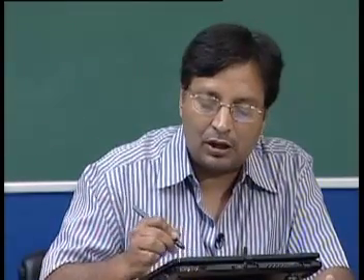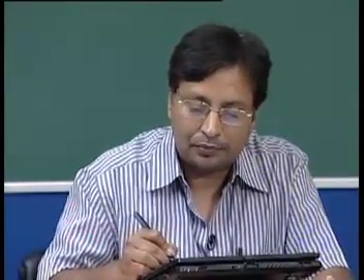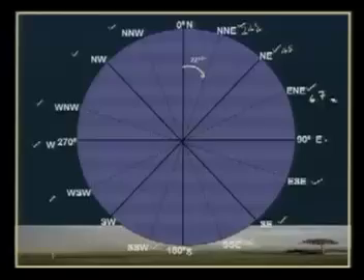So if my wind direction is this, I can also say 22.5, this will become 45, this will become 67.5, or basically 68, and then this will become 90.